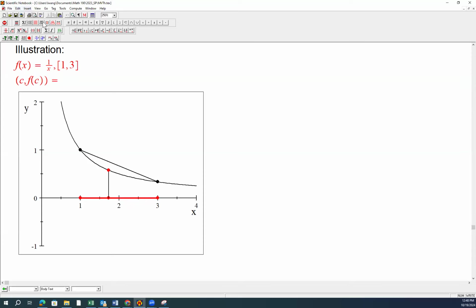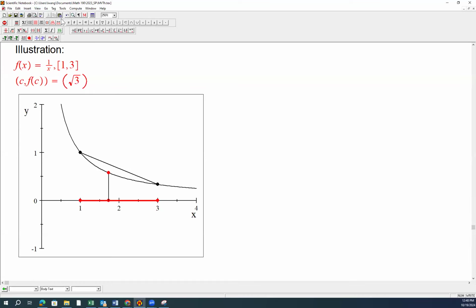And that's obviously going to be root 3, F of root 3, right? F of root 3, well, this is a function, right? So it's going to be root 3, 1 over root 3. Don't worry about rationalizing it.